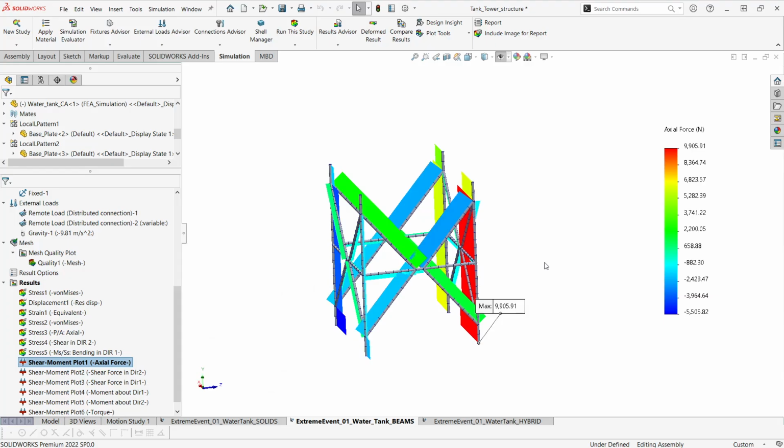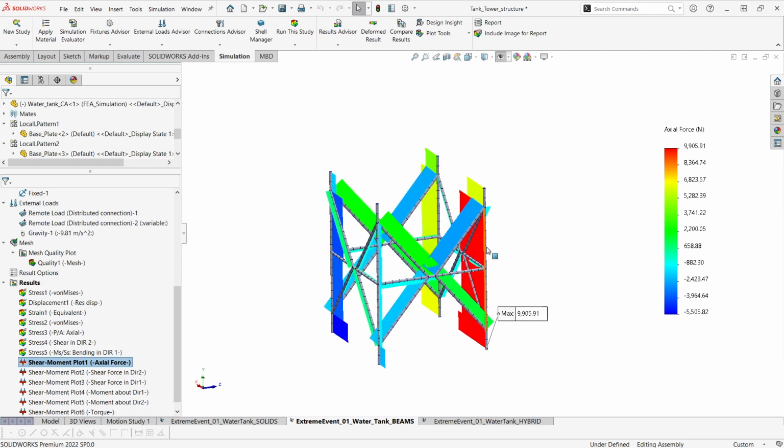Okay, here we continue with the water tank structure project from previous videos of this series. The plot that I'm showing you is the axial force plot of our beam model. Look at the color distribution. Here I want to give you one of the key takeaway concepts of this video regarding the color plot and the signs of the values that we can see.